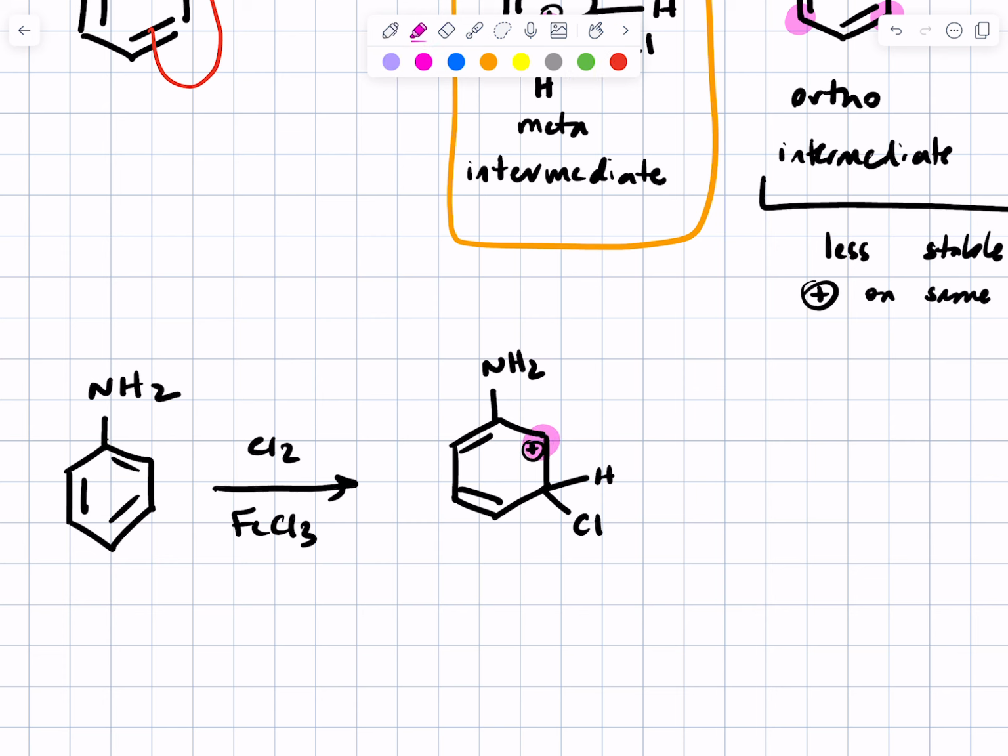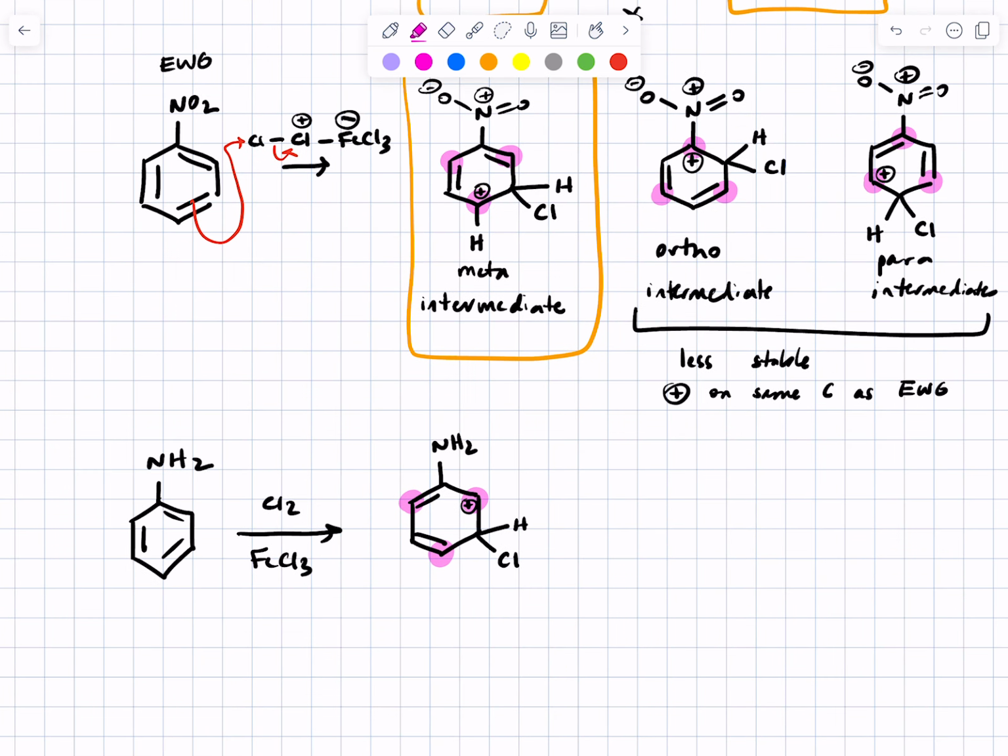And this would tend to put the positive charge on these three carbons, just as we saw above for the meta intermediate. I just drew a different resonance structure than I did above. I want to keep things consistent, but it's fine. So the positive charge can be on those three carbons. That's the meta intermediate. Let's draw the ortho intermediate.